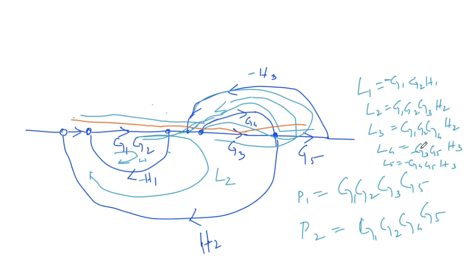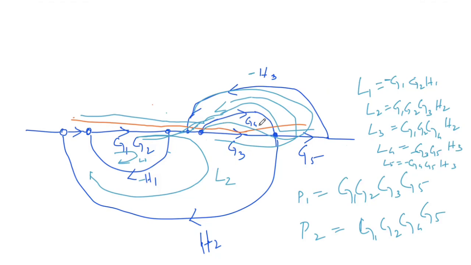L2 is touching G1, G2 and this loop. L2 is also touching G4, G5, H3. So L2 is this.